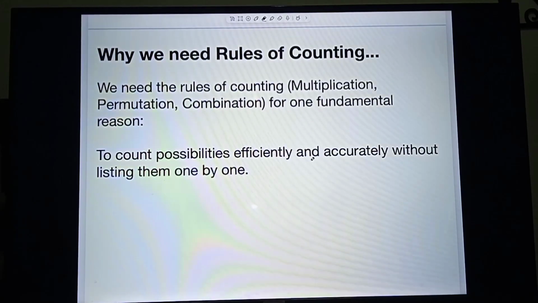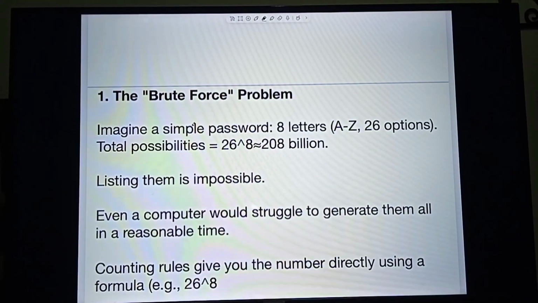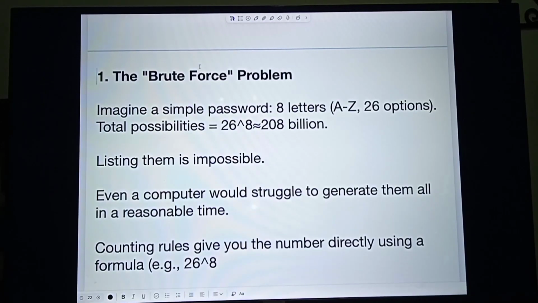We need rules of counting, that is multiplication, permutation or combination, for one fundamental reason: to count possibilities efficiently and accurately without listing them one by one. Here we have considered an example.